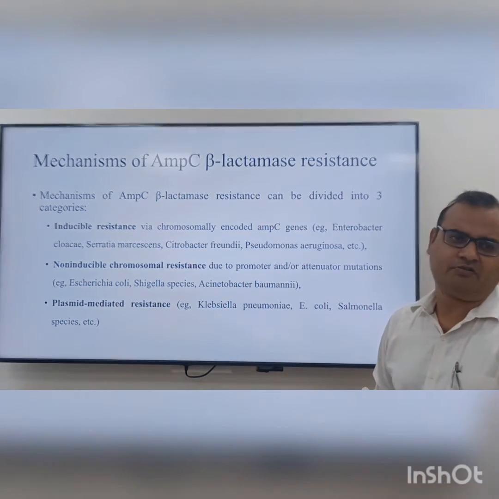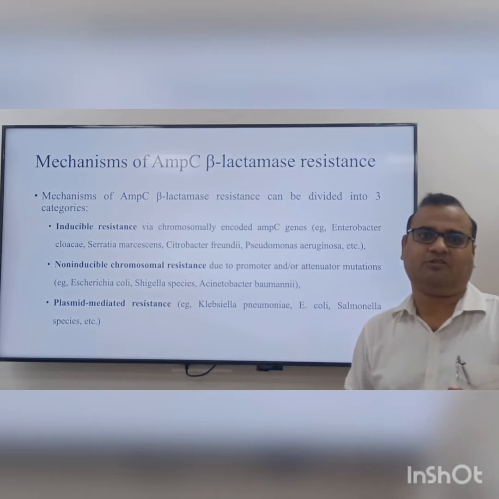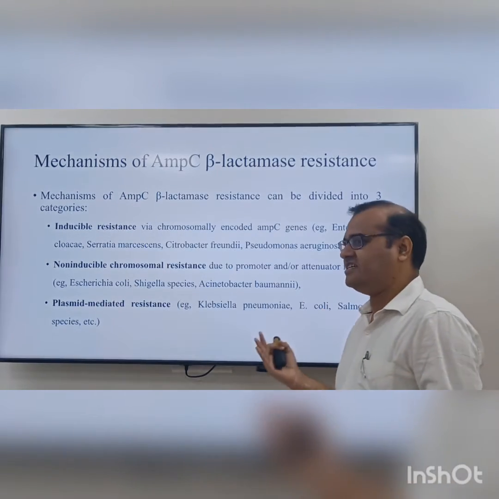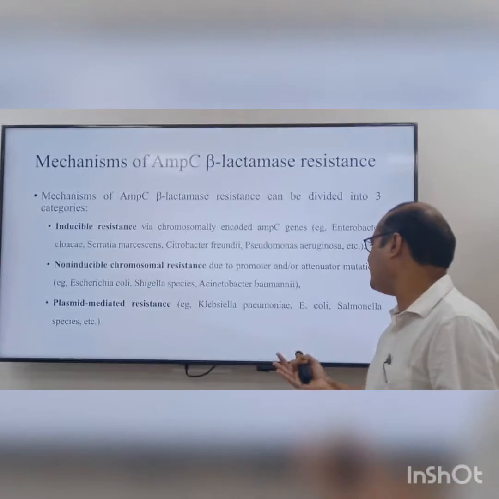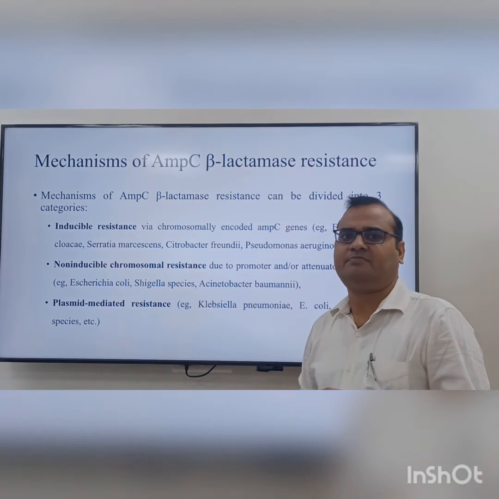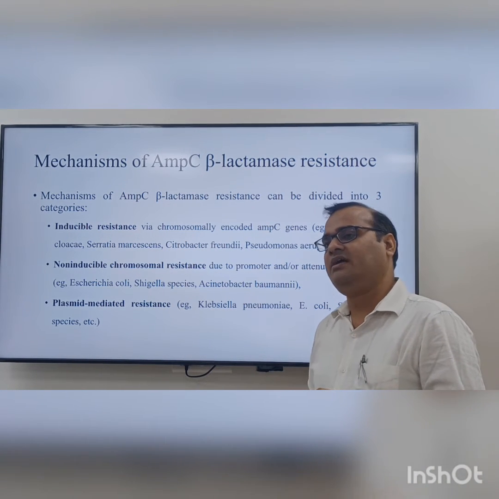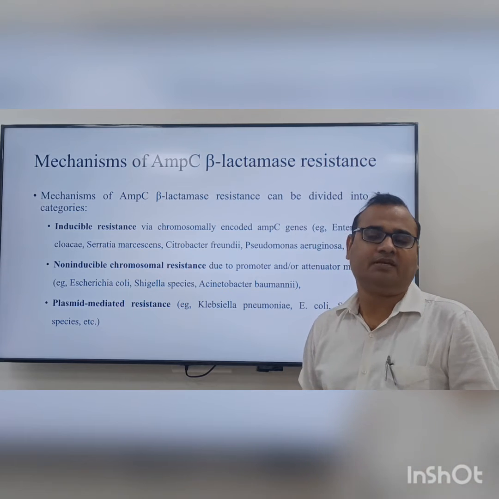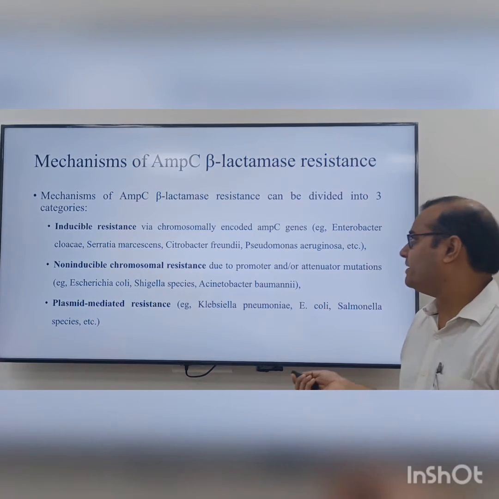Examples are Escherichia coli and Shigella. Then comes the transferable, plasmid-mediated resistance. It is mostly seen in Klebsiella, E. coli, Salmonella, or rather nowadays it has become a norm that plasmid-mediated AmpC are there in most of the clinically isolated bacteria in a clinical microbiology laboratory.